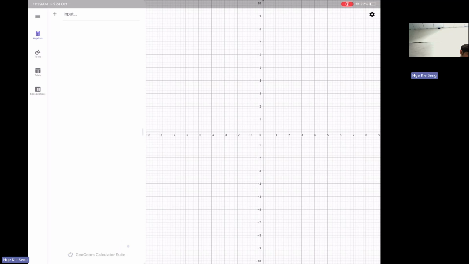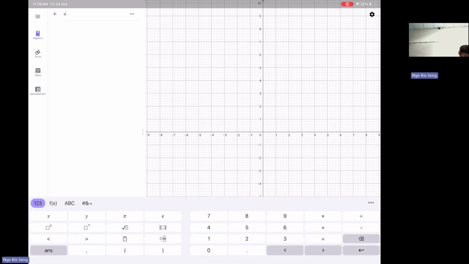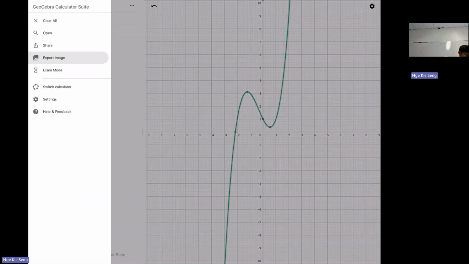No undo. Okay, so it's x cubed plus x squared minus 2x plus 1. So export this one.